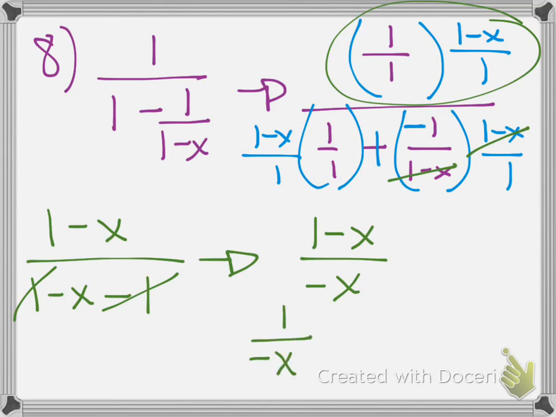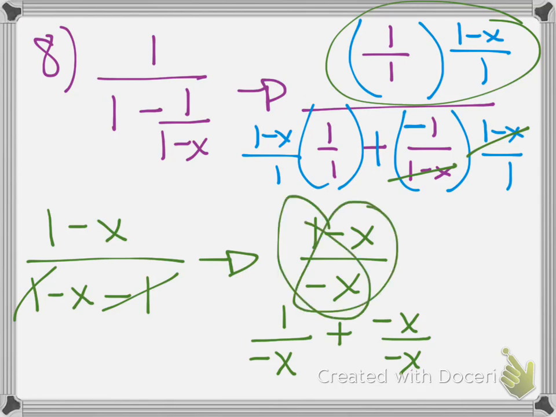So I'm going to separate this as 1 over negative x plus negative x over negative x. All I did was separate that numerator and keep my denominator. So 1 over negative x is just negative 1 over x, nothing too crazy about that.